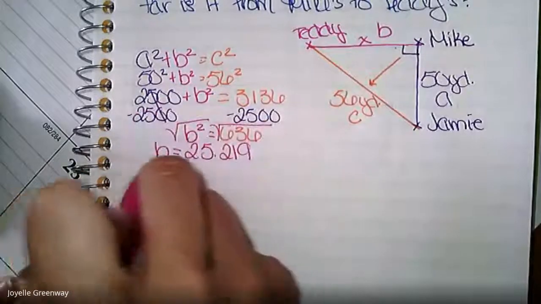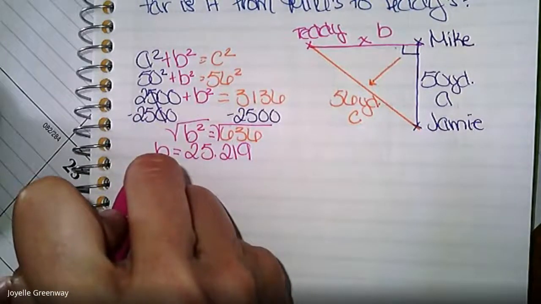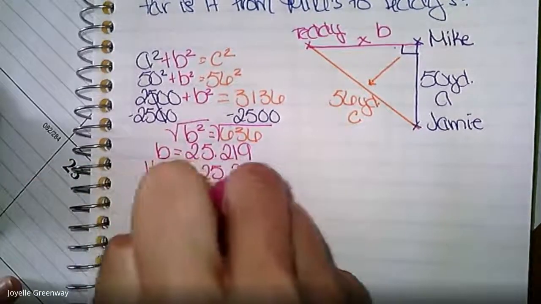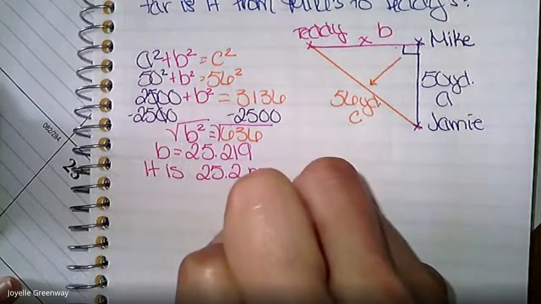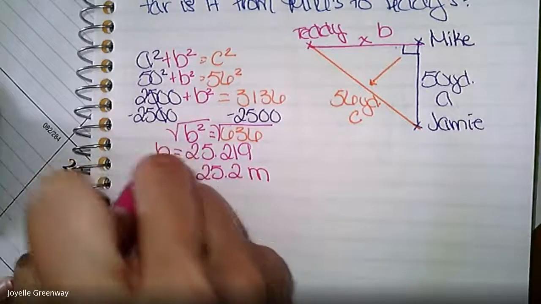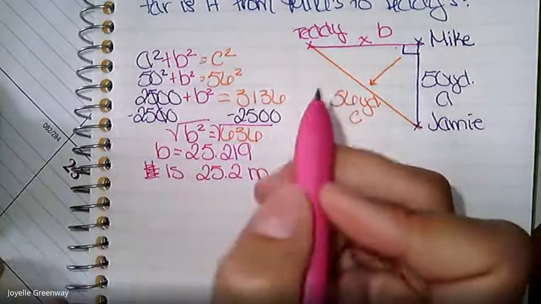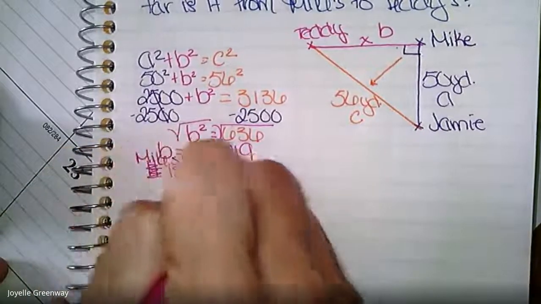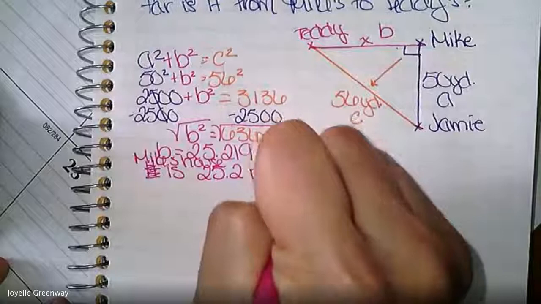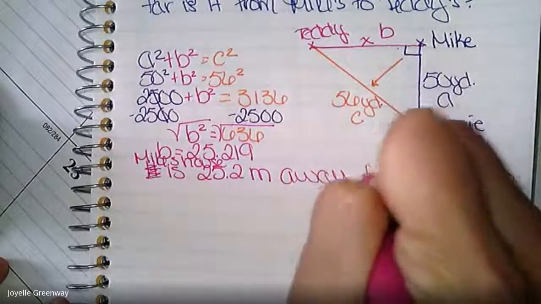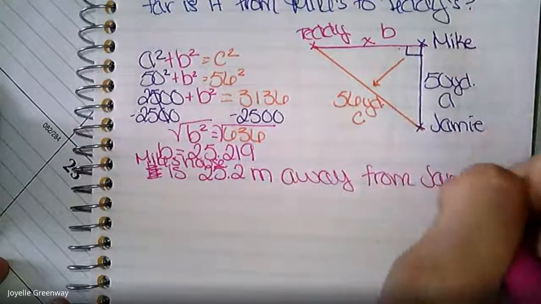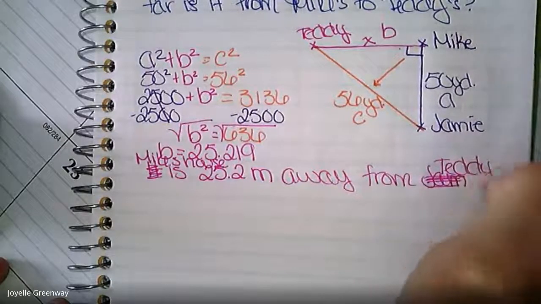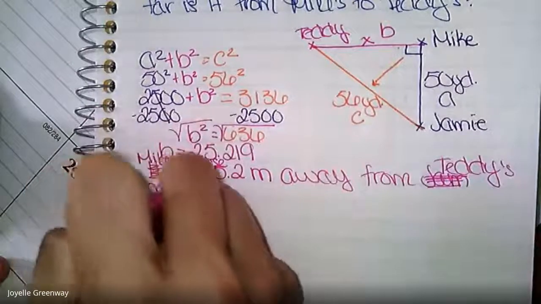So Mike's house is 25.2 yards away from Teddy's house.